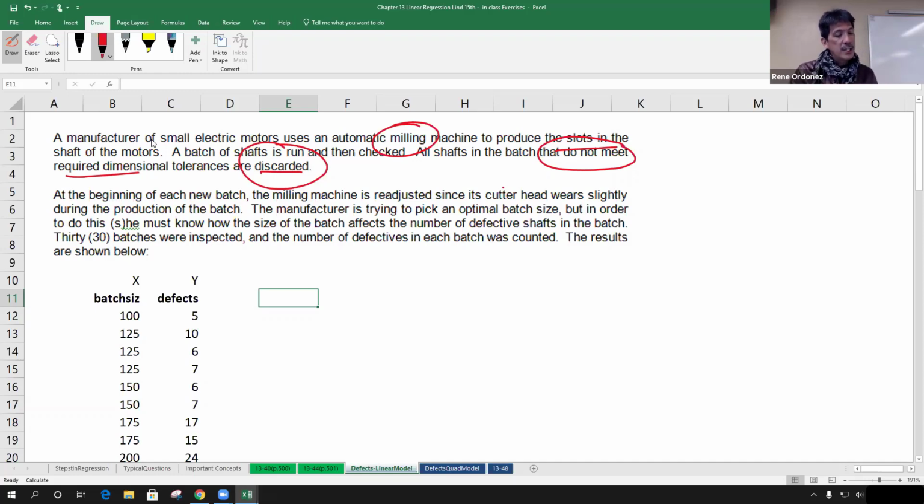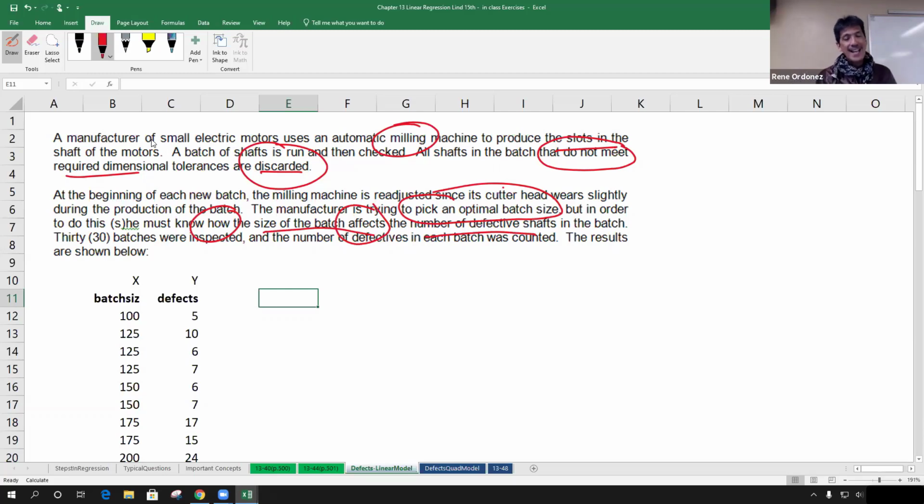At the beginning of each new batch, the milling machine is readjusted, okay? And here, the manufacturer is trying to pick an optimal batch size. What is the best batch size? But in order to do this, he or she must know how the size of the batch affects the number of defective shafts in the batch.